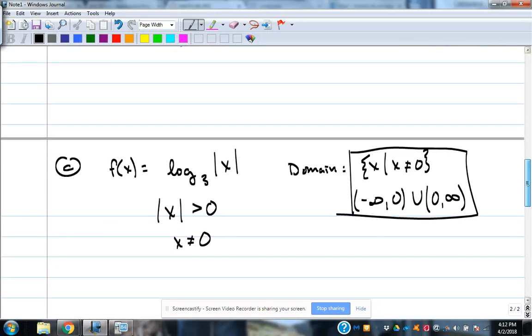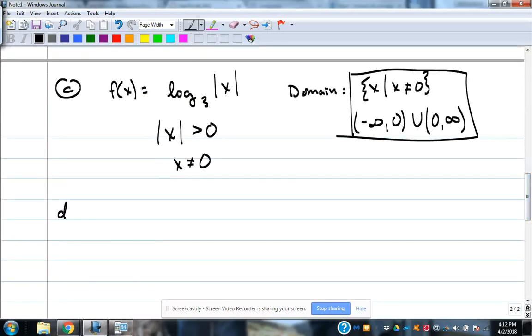It kind of complicates a little bit when you've got maybe f of x equal to log base 9 of the absolute value of x plus 2. So a little bit more inside of that absolute value here instead of just plain x makes it a little bit more interesting. The idea still, though: when is that absolute value of x plus 2 greater than 0?